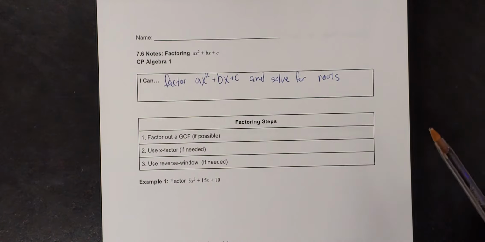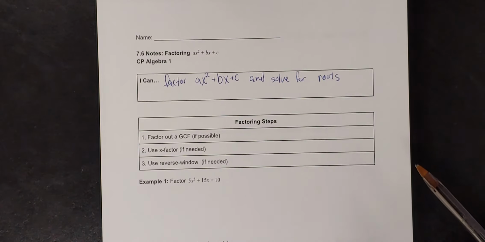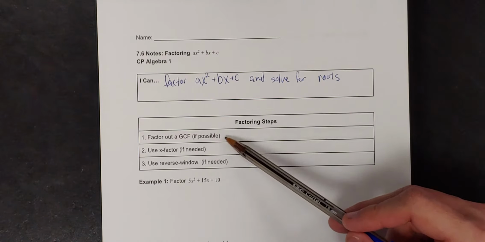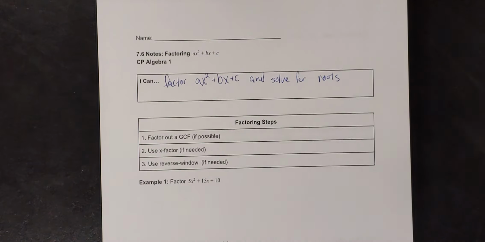And then reverse window, which we haven't learned, but I can teach you if you would like. Usually if you do step 1 and step 2, you don't need step 3. But again, we can learn it if you want me to teach you. So let's jump into this first example.